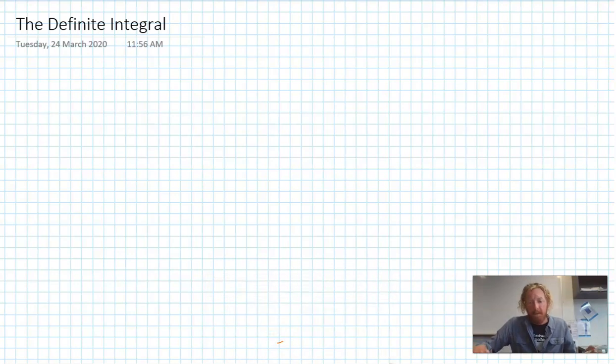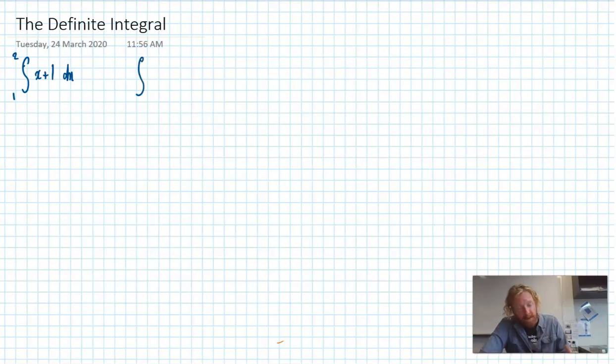So far, all we've been dealing with is integrals such as this. If I say the integral from 1 to 2 of x plus 1 dx, or something like this, which would be the integral of x squared from 0 to 2 dx.